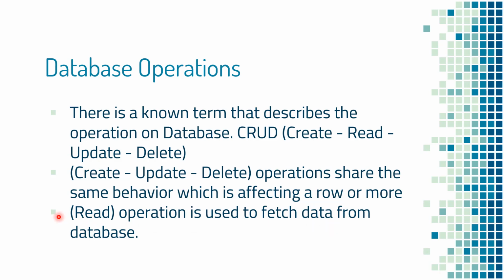But at the end of the day, usually the output or the result of the read is a list of rows. The result of the other three operations is just an indicator of how many rows have been affected by the operation.